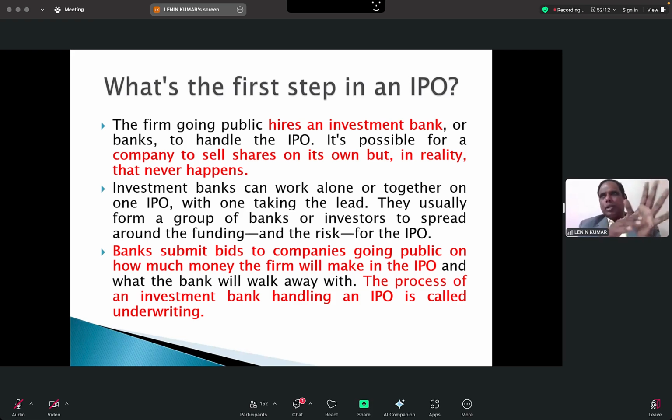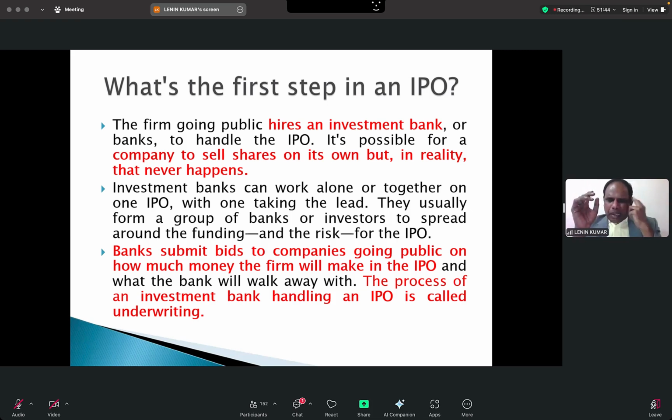It is a very, very simple topic. You can just listen like a story. It will be very simple to understand. For those really interested in investing in the stock market, by the end of the session you will get a good idea about IPOs. Whenever an IPO is announced, you can invest at the time of the IPO. For sure, you will make a profit. That is the right time to invest in the stock market also.